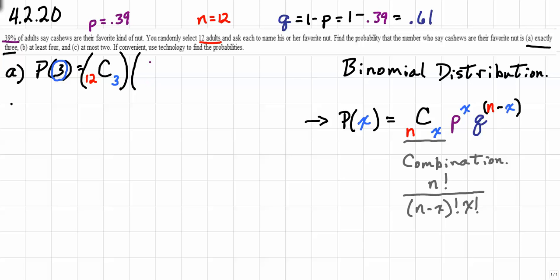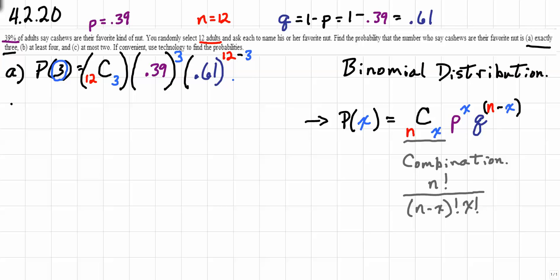Remember that p is 0.39, and I'm going to raise that to the x power, which in this case is 3, and then I'm going to multiply that by my q, which we determined was 0.61, and I'm going to raise that to the n minus x power, so that's going to be 12 minus 3, and in this case it'll end up being 9.